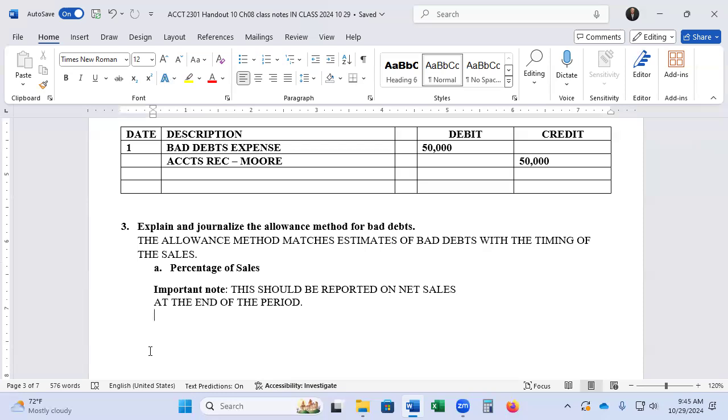Okay, so now we're going to move on to the methods that are approved by GAAP. And the first one we're going to talk about is part of the allowance method, your percentage of sales. And so it should be reported on net sales at the end of the period. Remember, net sales equals sales less sales discounts and sales returns and allowances.